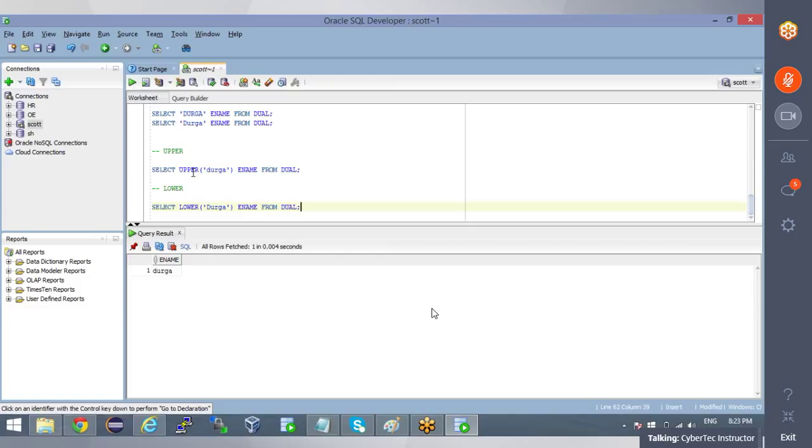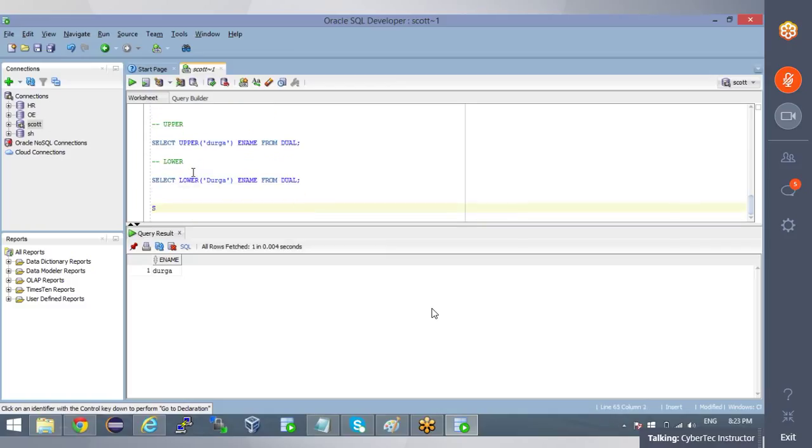Now where can we apply these upper and lower functions? For instance, let's assume that we are working on the employee table, and we have to figure out an employee whose name is Adams. I do not know in what format the data was loaded into that particular table.